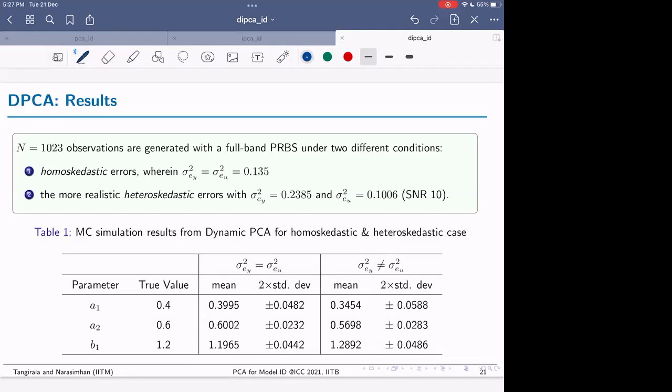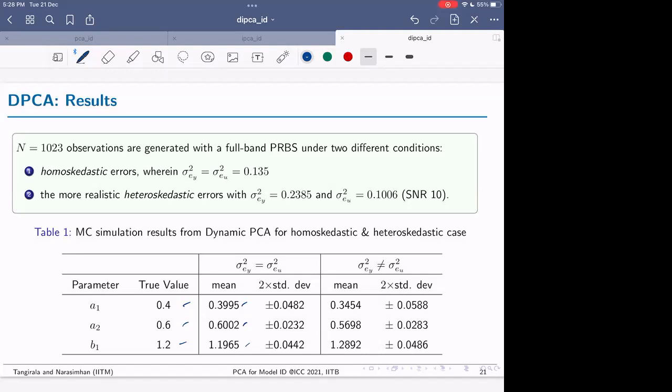But for the heteroscedastic case, if you try to do the same thing, you will run into problems like we saw this morning. So the parameter values are given here, the true ones, and these are the mean values obtained from MC simulation, very close to the true values. The standard deviations are indicating that the estimates are all significant.